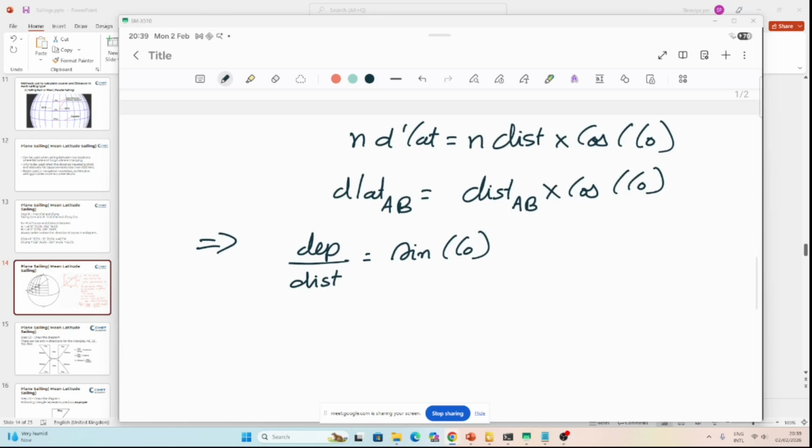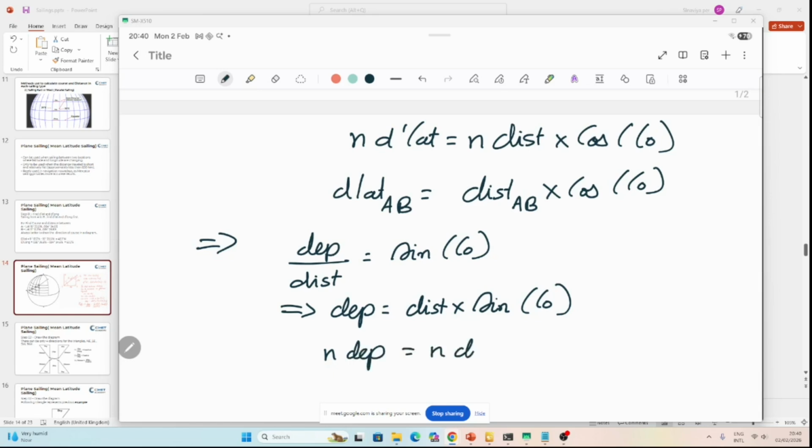Okay. So because of that, departure is equal to distance into sine. So then I will do the same thing. I will multiply it by n: n number of departure equals n number of distance into sine.